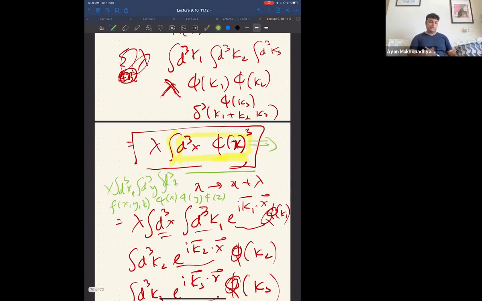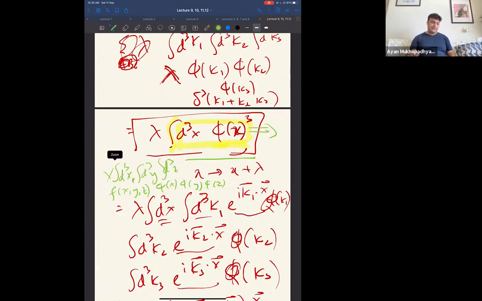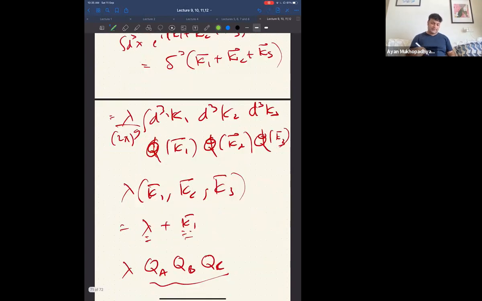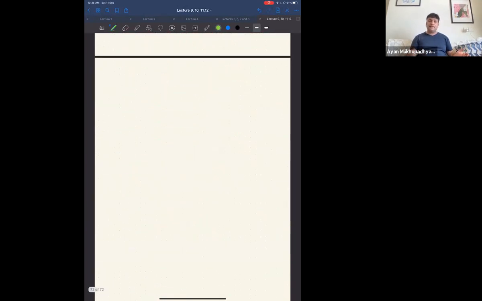But as I said, you can always do that, because you can always expand in lambda. And even if this locality is violated in small ways, you will be able to incorporate that in the quantum field theory formalism too.